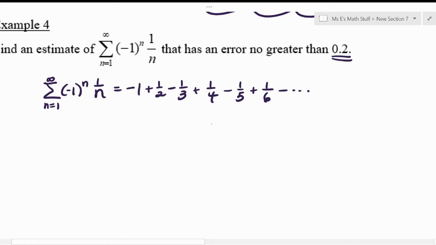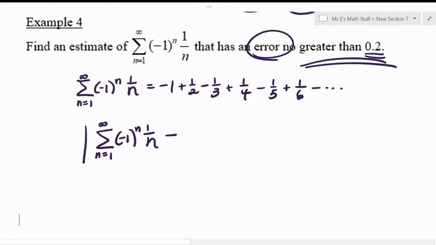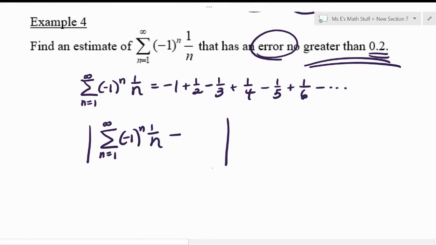And then from there, if we're wanting the error or remainder to be no greater than 0.2, what that means is that we want the difference between the actual sum, S, and your partial sum, I'm just going to leave a blank there, to always be less than the absolute value of your first neglected term, right?